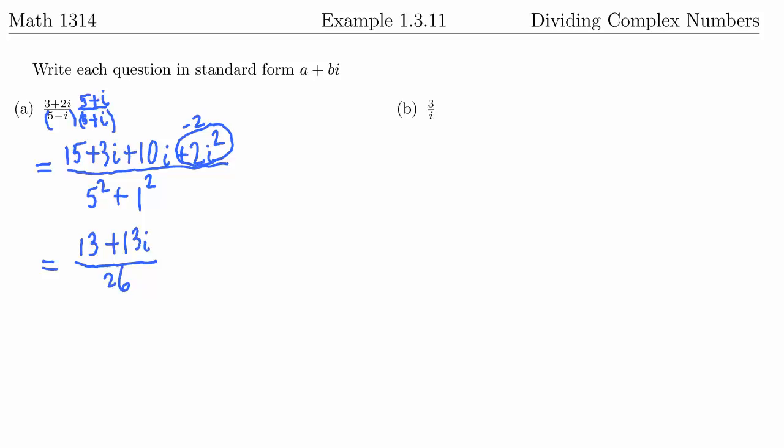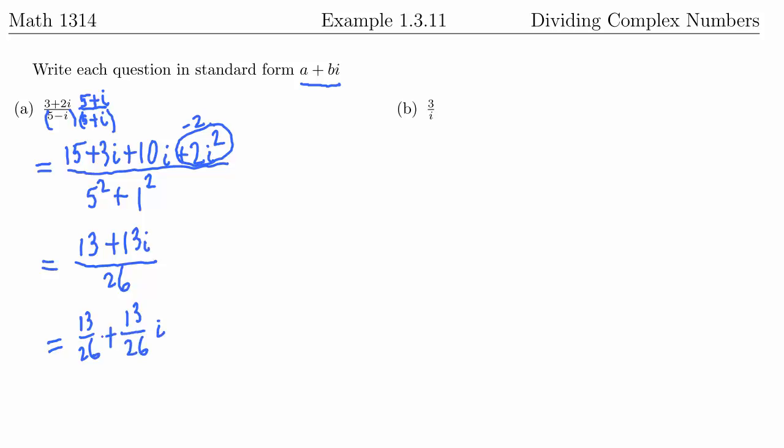Some people will stop here, and that's a problem because notice a plus bi is separate. When you have non-real complex numbers, the real part and the imaginary part must be separate from one another. This gives you 13 over 26 plus 13 over 26i.